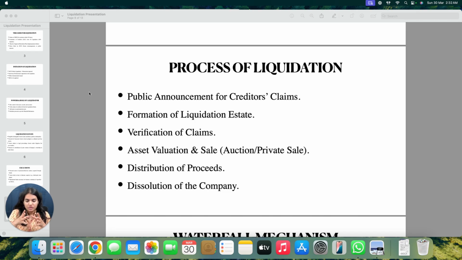So an asset memorandum is similar to an information memorandum, wherein all of the assets of the corporate debtor are listed out, all of the financial details are provided, and also the status of any material litigation is provided here.